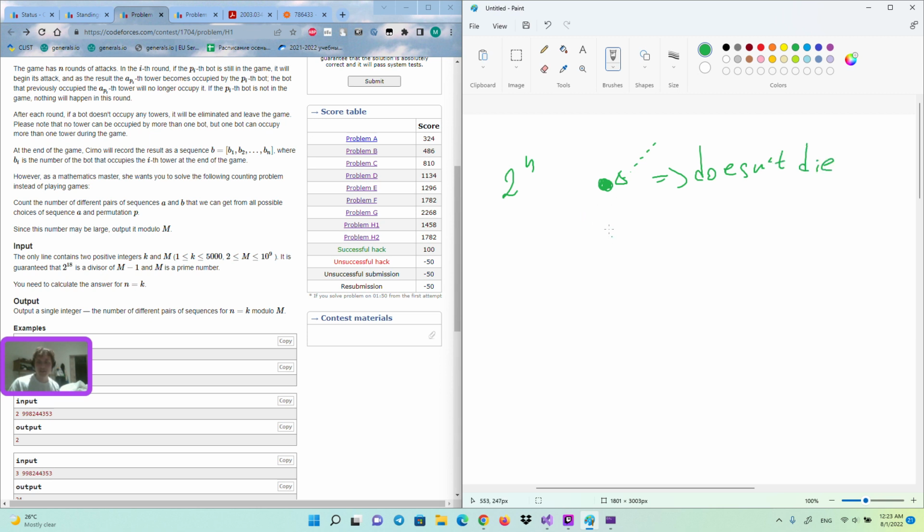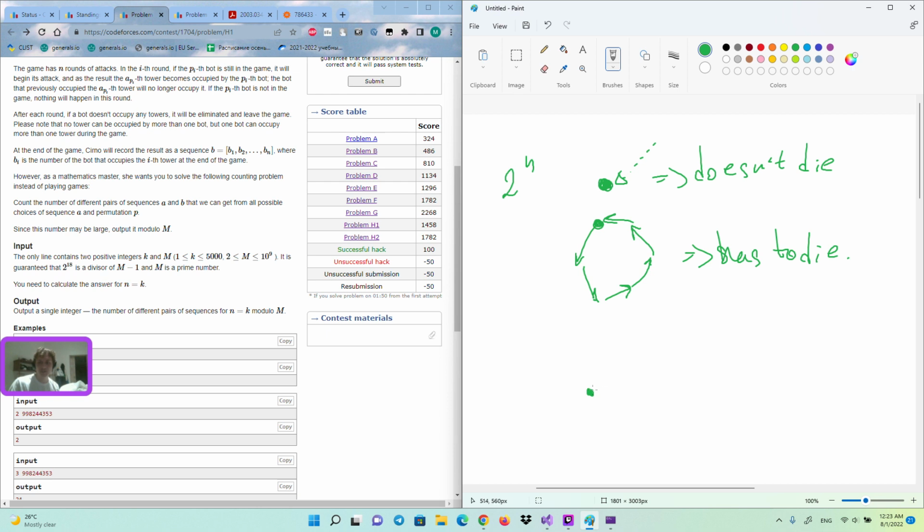And the second thing, if there is a cycle, then someone has to die. And I guess that's not it. There is also the third problem.